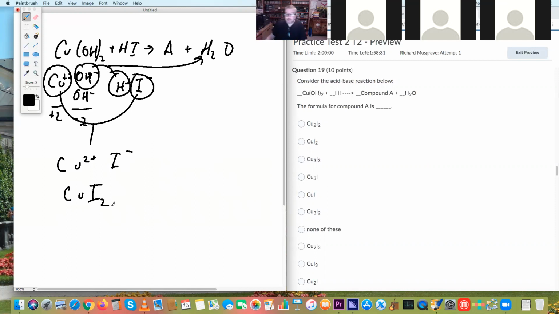So I imagine, Ashley, one of your questions is going to be, how can I just combine the OH minus and the H plus to give water when I've got this extra OH minus here? Does that bother you? Yes, it does. Okay. What you've got to understand is that in this specific step, all we're doing is trying to get balanced compounds that are neutral, where the positive and the negative balance out.